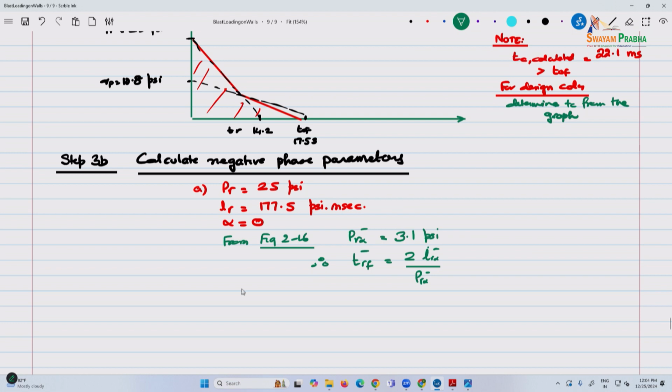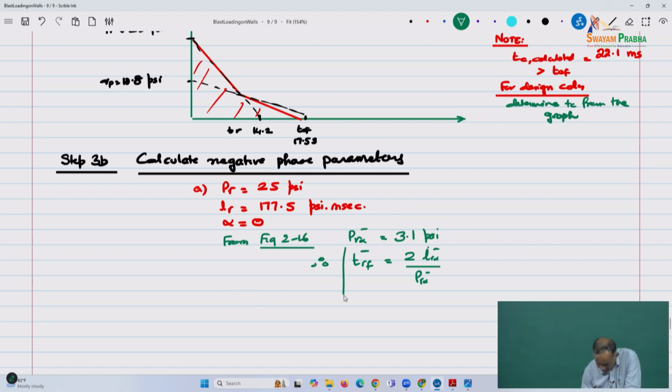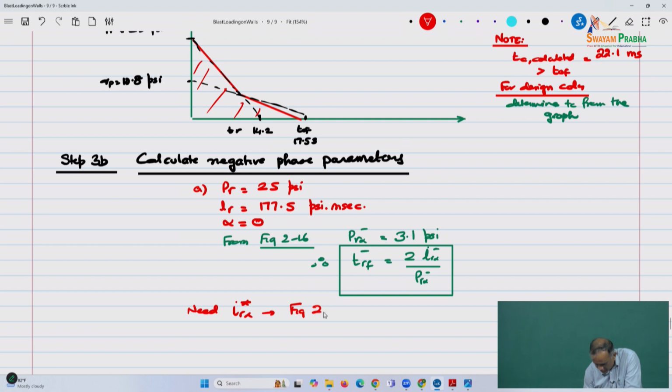So for this, we need negative alpha. Again, figure 2-16 for Z equal to 10.13 feet.